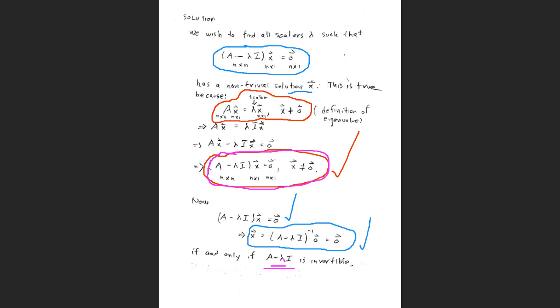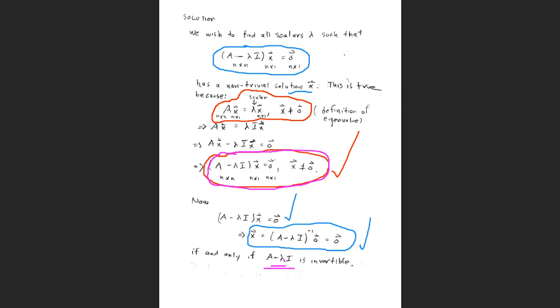Okay, now do we want that? Do we want X to be equal to the zero vector? That's right, David, that's right, Mikhail. We do not, because an eigenvector is a non-zero vector.